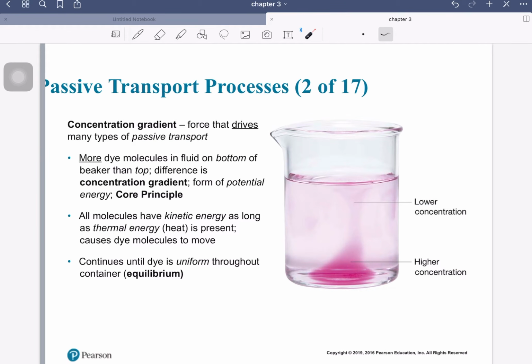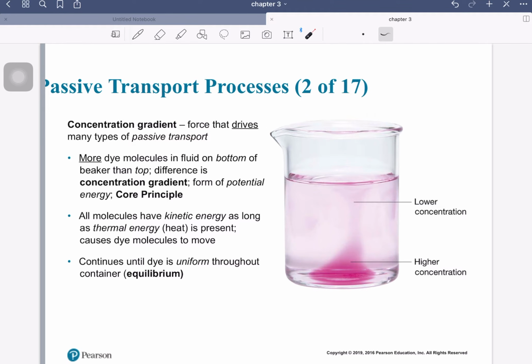Now let's talk about diffusion. Diffusion is things moving from an area of high concentration to an area of lower concentration. And concentration gradients are really the force that drives many types of passive transport.